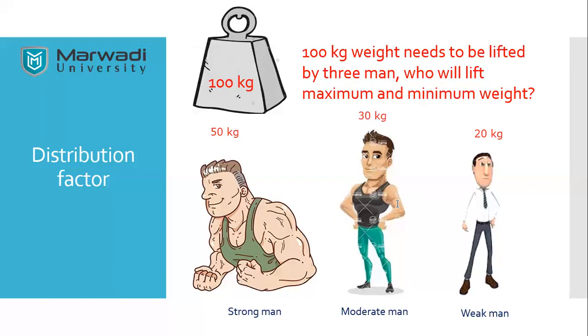The same thing can also be applied to structures, and we are going to see how in a while. If at a joint three members are connected to each other, and all of them have different stiffness, which we have already seen, then it is quite obvious that the stiffer the member, the more moment it will carry.